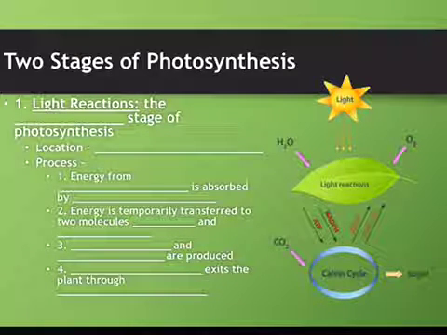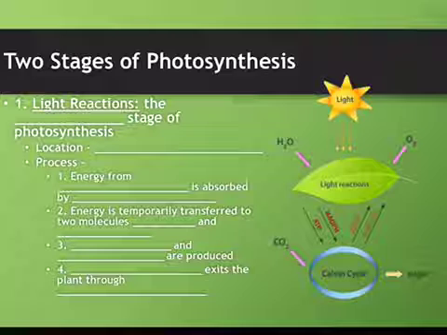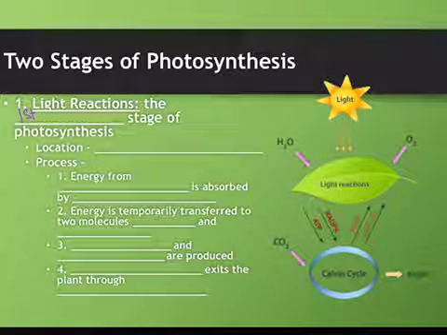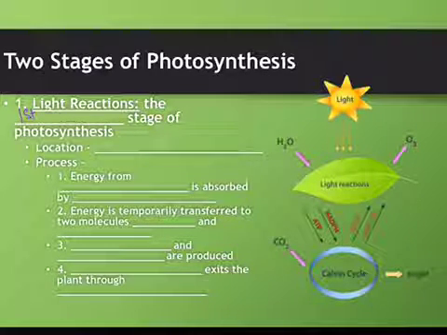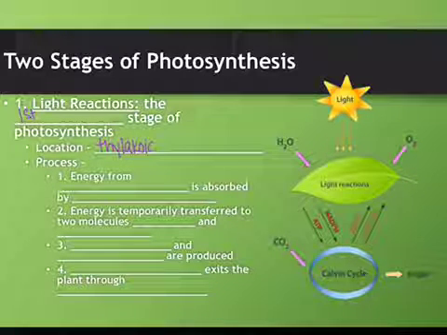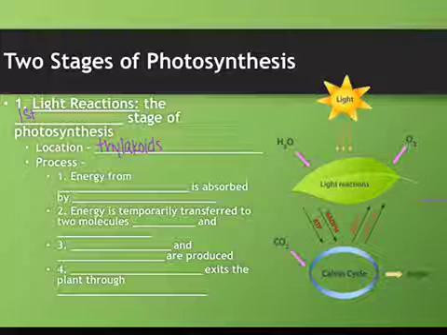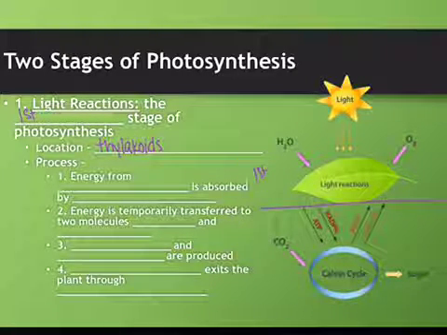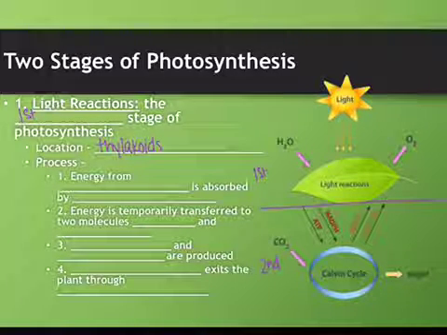So now photosynthesis. There are two stages to photosynthesis. The first stage is called the light reactions, and this takes place in the thylakoids. So in our image over here, we have our first stage, the light reactions on top, and down here we have our second stage.